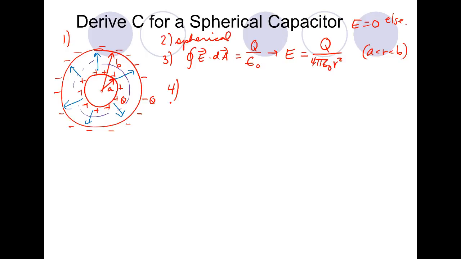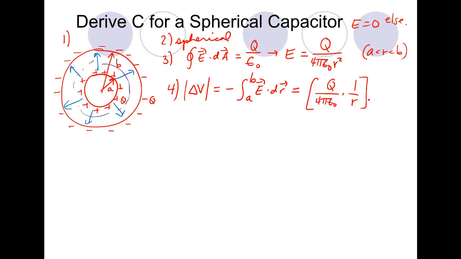Alright, so the voltage for this is a little bit trickier, but we can find the magnitude of the voltage by taking the negative integral from A to B of E dot dr, and that's going to give us basically Q over 4 pi epsilon naught times 1 over r evaluated from A to B. And don't forget our negative sign there, right?